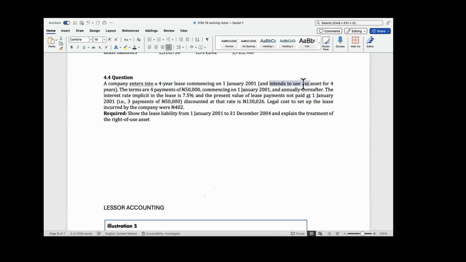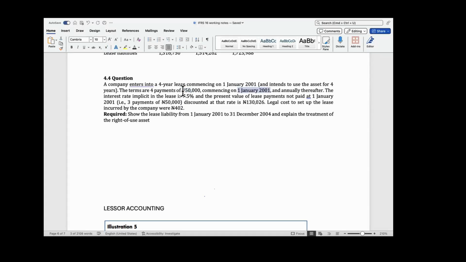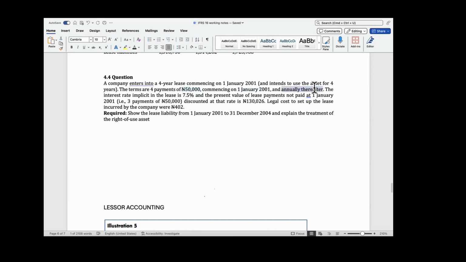The lease rental he will pay is 50,000 and he will start paying right from the commencement date, which means that this lease rental is paid in advance, meaning at the beginning of every year he pays.